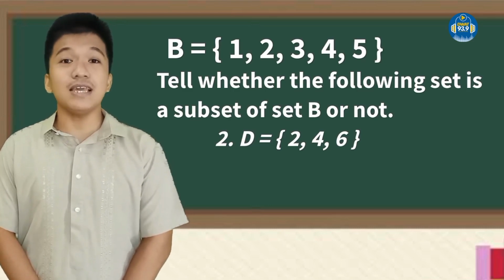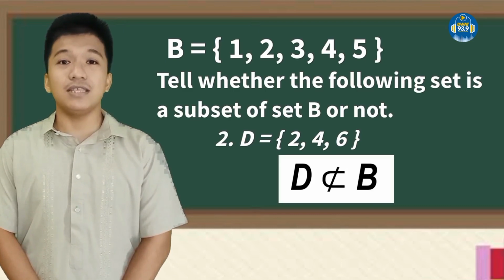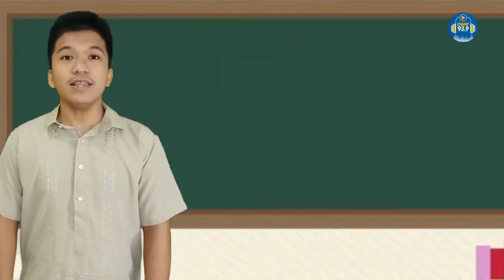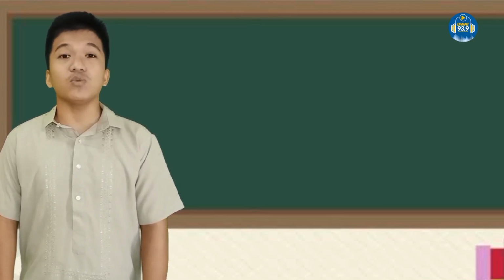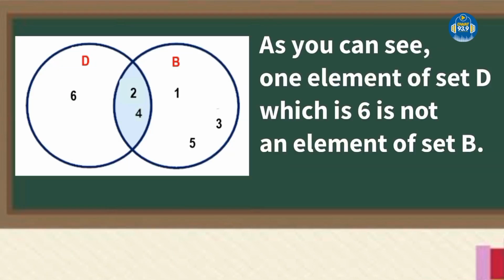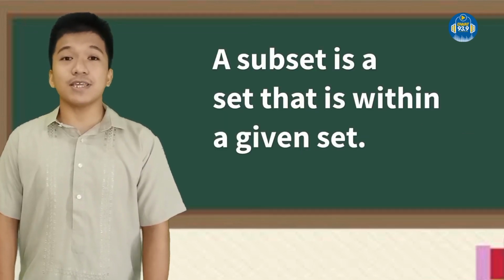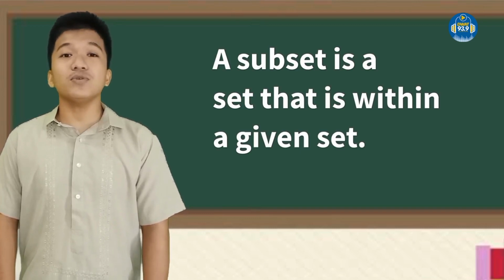The statement D is not a subset of B is denoted by D ⊄ B. A Venn diagram for the relationship between these sets is shown below. As you can see, one element of set D, which is 6, is not an element of set B. Always remember that a subset is a set that is within a given set.